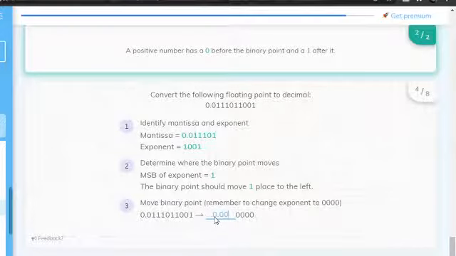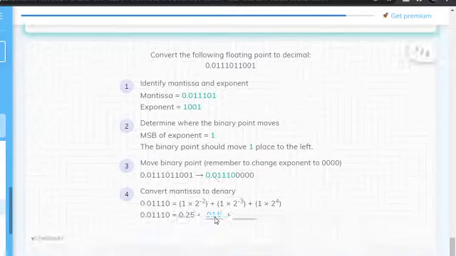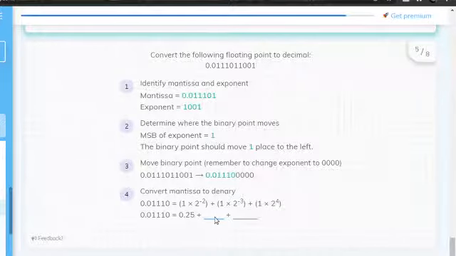So they're going backwards instead of forwards. Why? 1 times 2 to the minus 2 is 0.25. 1 times 2 to the minus 3 is 0.125, which is 1 over 8.